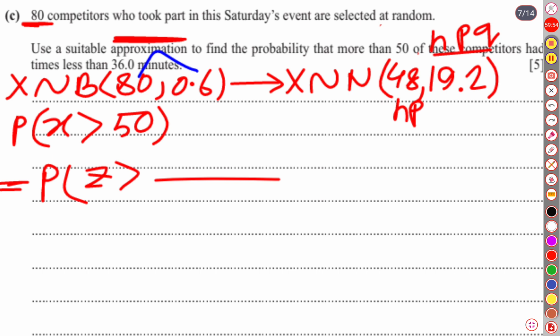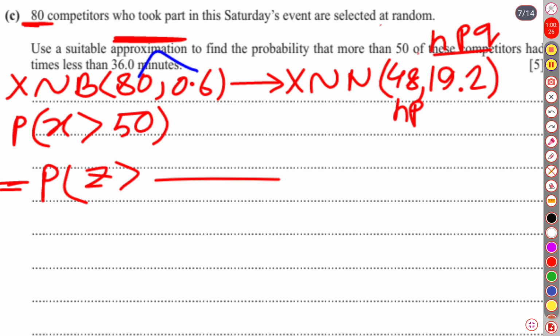Now look at this. Usually we subtract from X the mean, so here also we are going to apply the same concept. But remember, we are converting the binomial distribution into normal distribution. So whenever we convert from binomial to normal, we should do continuity correction, because binomial distribution is applicable for discrete random variables, whereas normal distribution is applicable for continuous random variables.